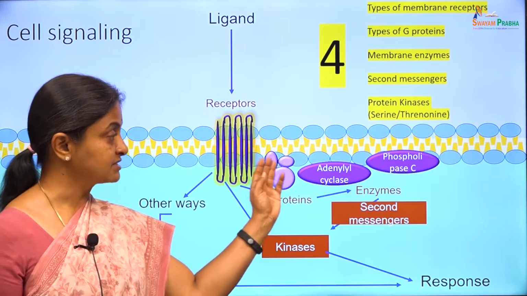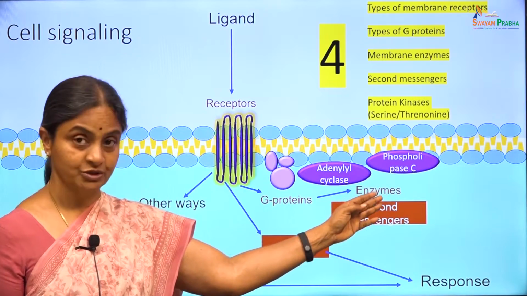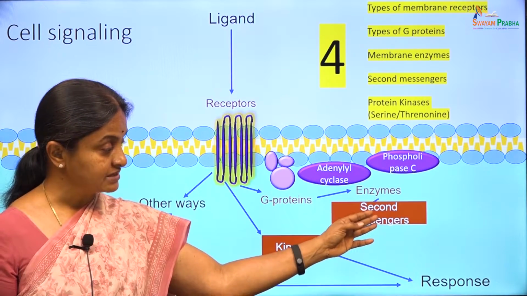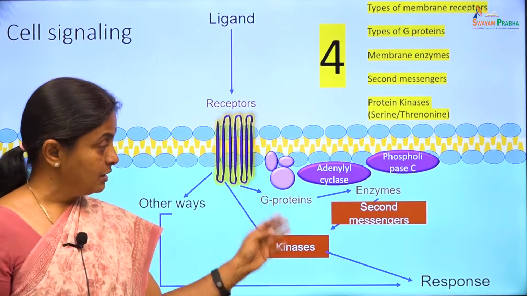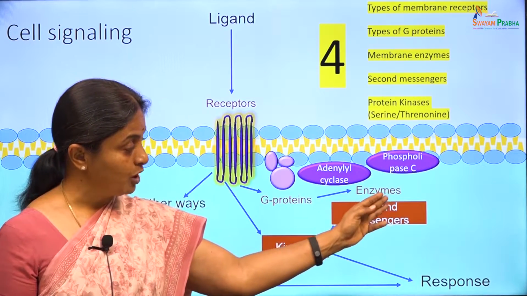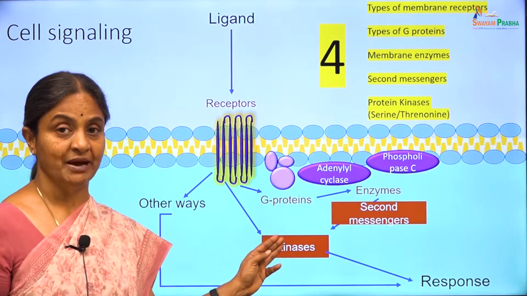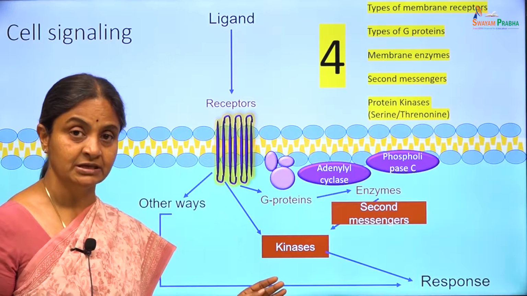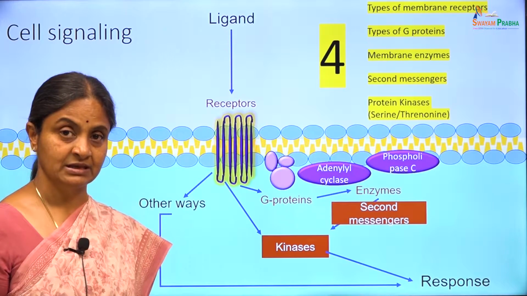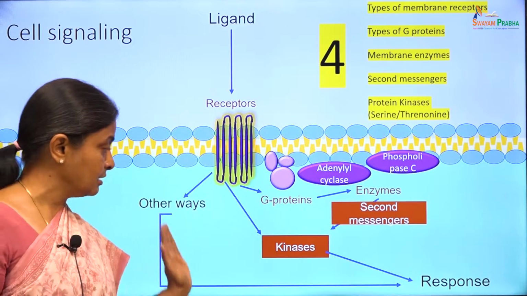Again, this scheme, which is through G proteins, which elaborates second messengers. The set of pathways involving second messengers are referred to as second messenger signaling pathways, which is one subset of cell signaling pathways. Other pathways are also there.